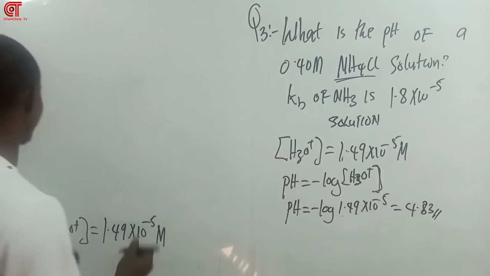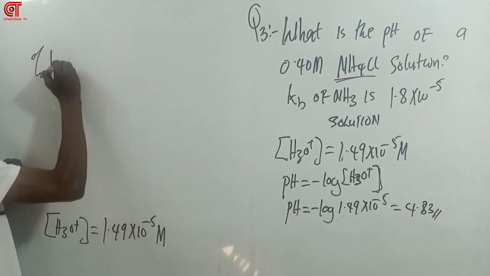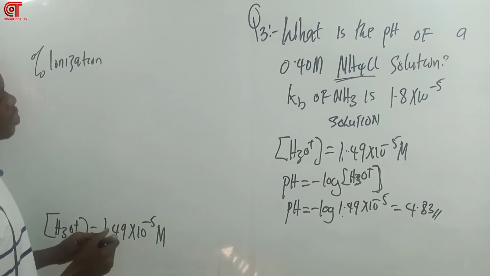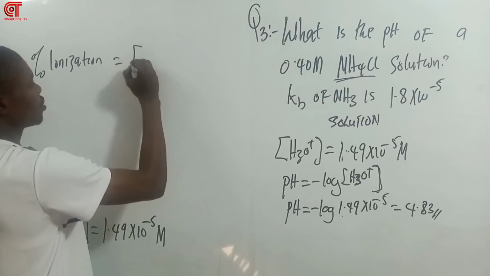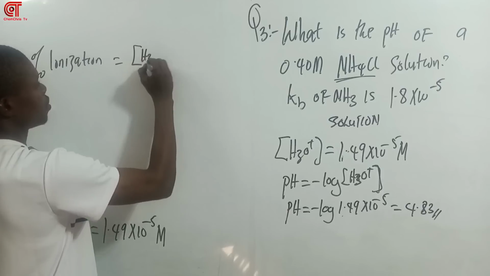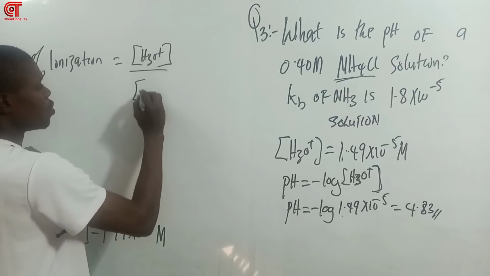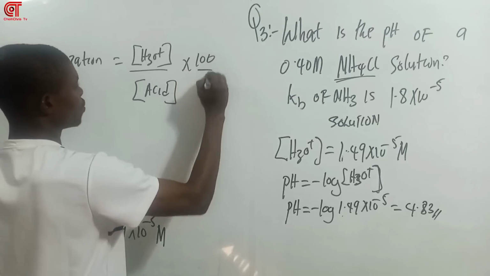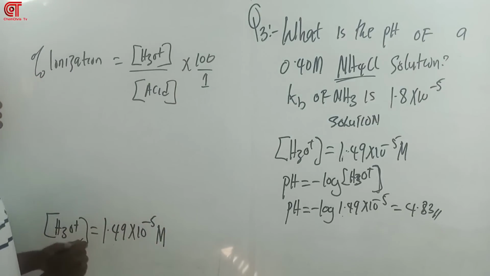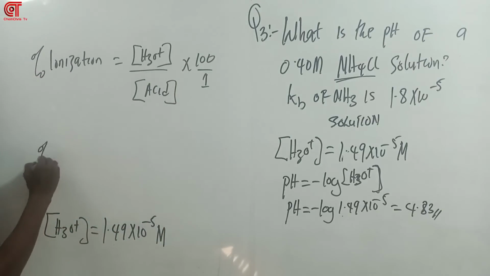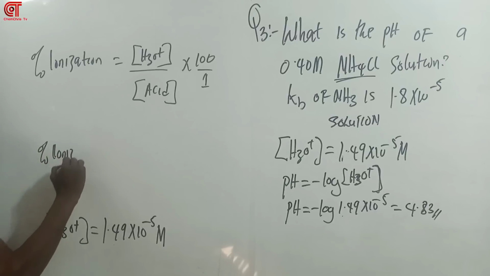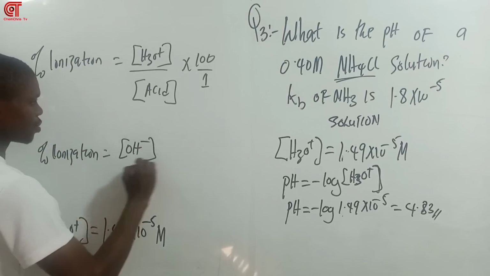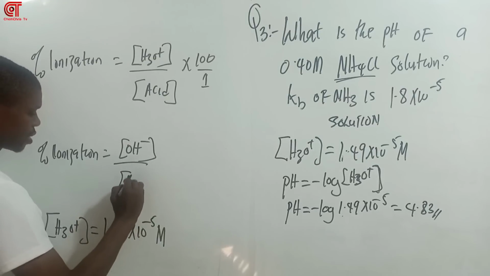What about percentage ionization? What is it? Percentage ionization is the concentration of H3O plus over the concentration of the acid times 100. For a base, it is percentage ionization equals OH minus over the concentration of the base times 100.